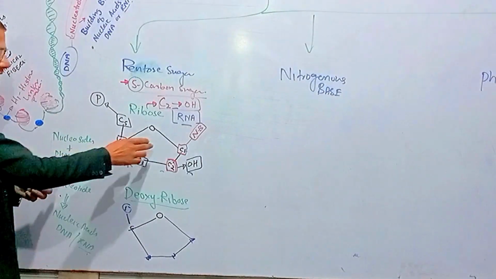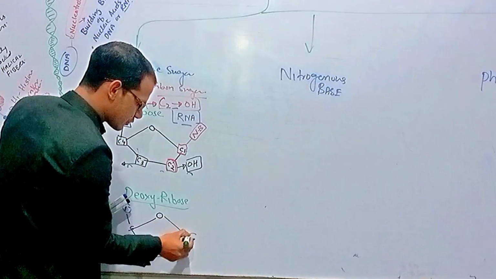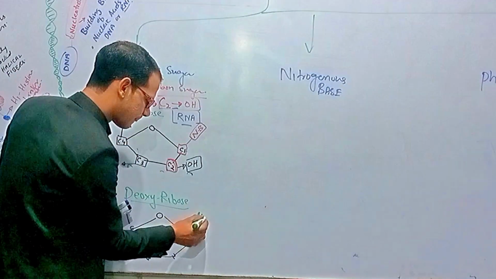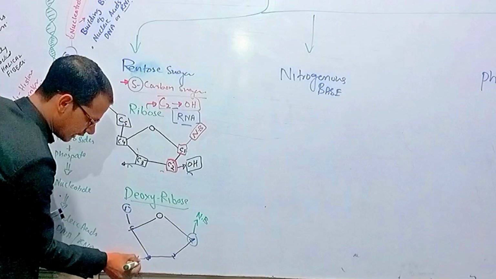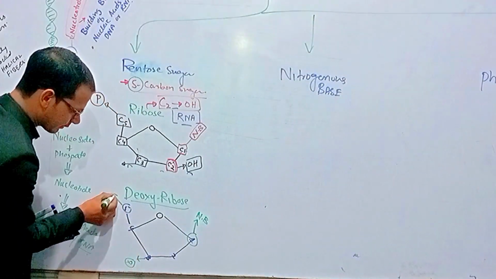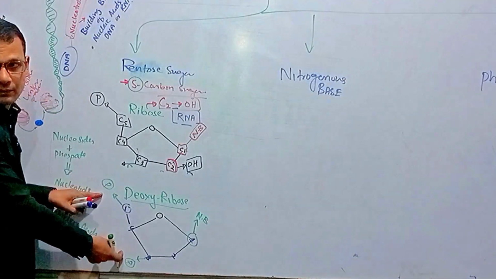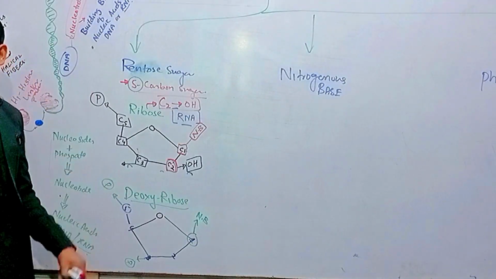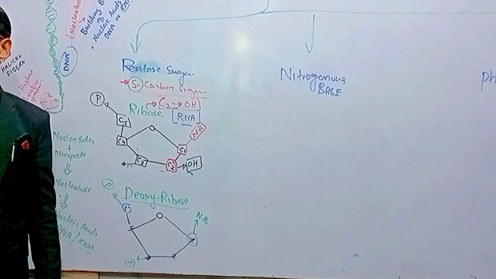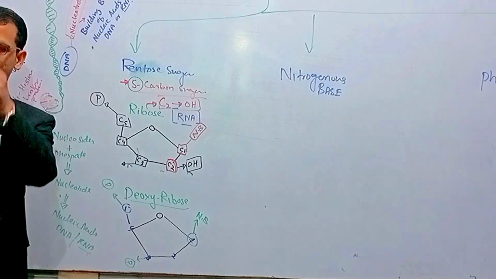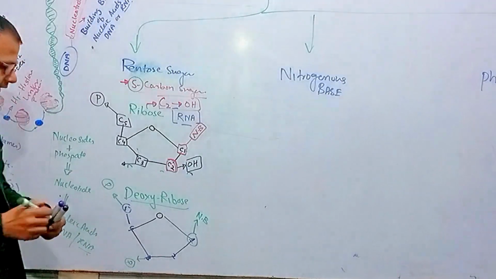Like that, carbon number 1 is attached with the nitrogenous base, carbon 3 will be with phosphate, carbon 5 will be with phosphate. This is the phosphodiester bond. It is called diester because it will attach 2 times to phosphate.